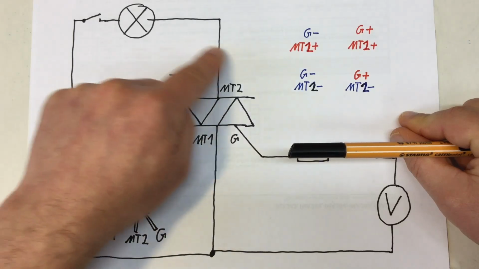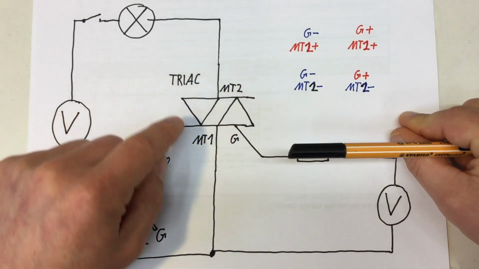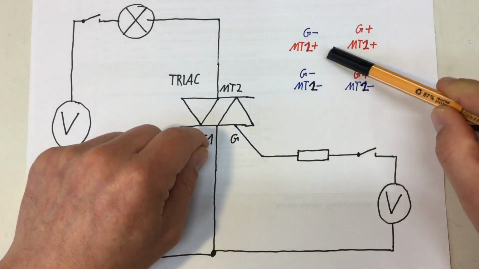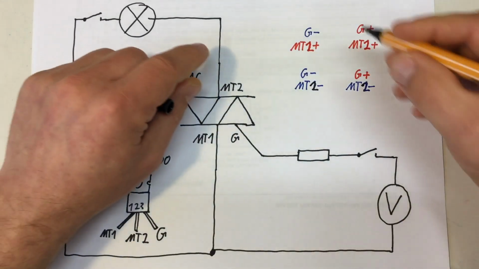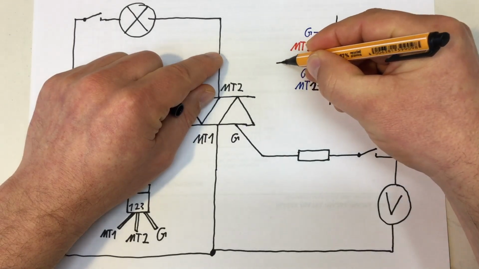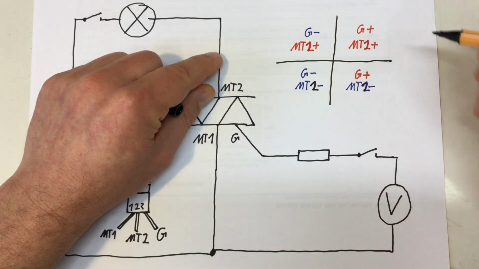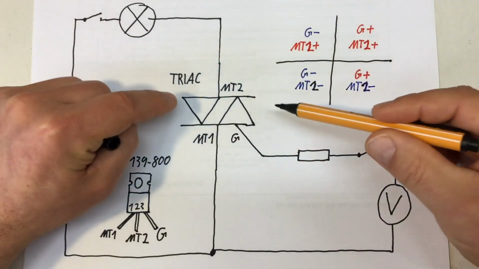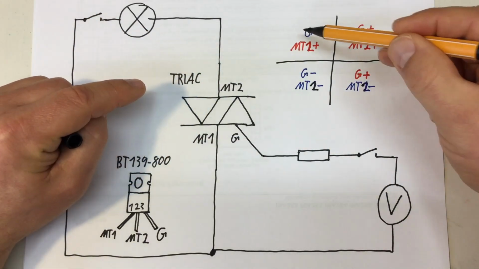If you look at the TRIAC datasheet, all polarities are always referenced to main terminal 1. And that is usually expressed as running the TRIAC in 4 different quadrants.